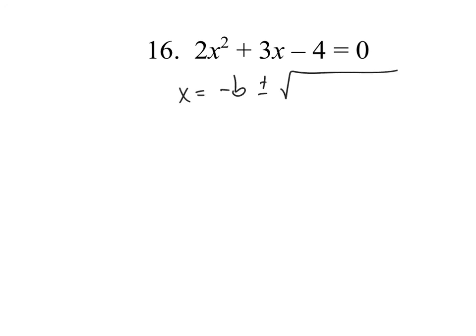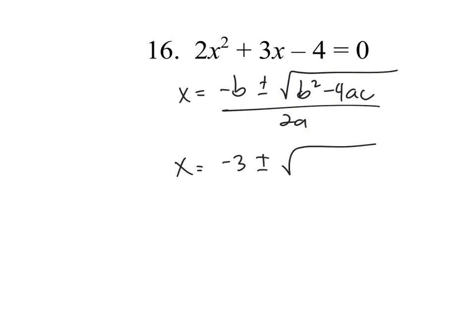Okay. Number 16, I'll write down the formula again. Negative b plus or minus the square root of b squared minus 4ac all over 2a. So negative 3 plus or minus the square root of 3 squared minus 4 times 2 times negative 4 all over 2a.